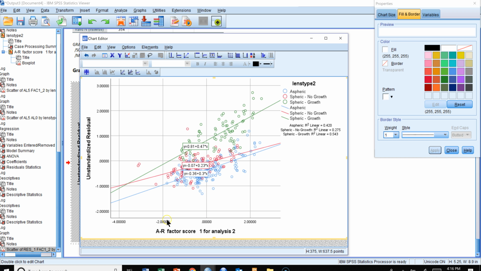So what this means is for low factor scores, you're going to have less growth. For higher factor scores, when those values are higher, then you have more axial length growth.